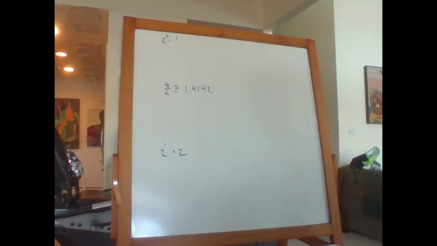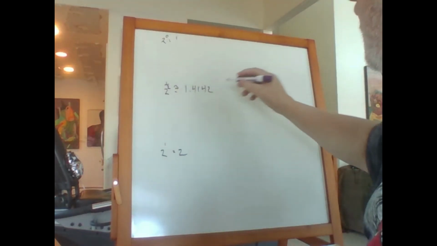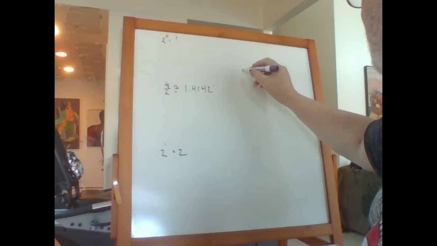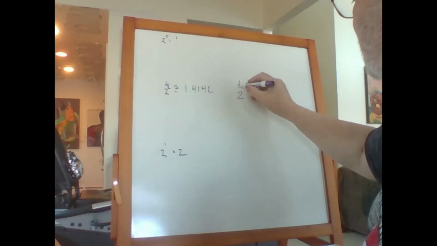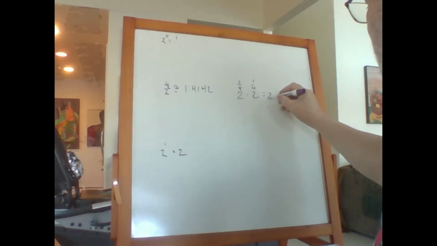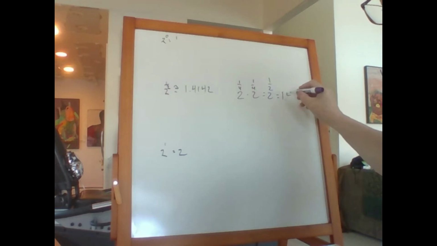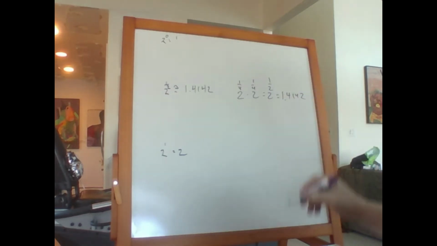Okay, but what else can we do? We can go in between these two. If we go to 2 to the 1/4 times 2 to the 1/4 equals 2 to the 1/2. Well, we have that number, 1.4142.